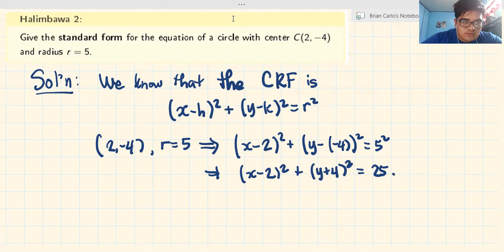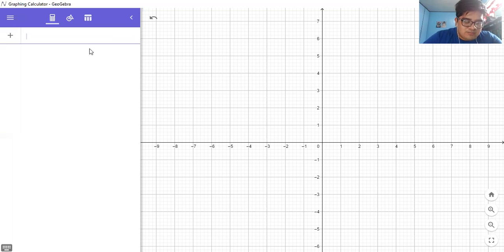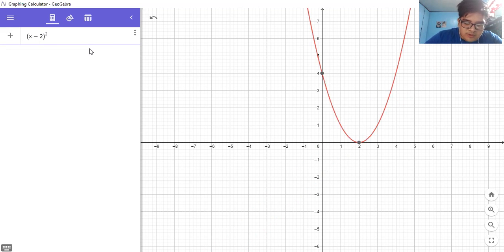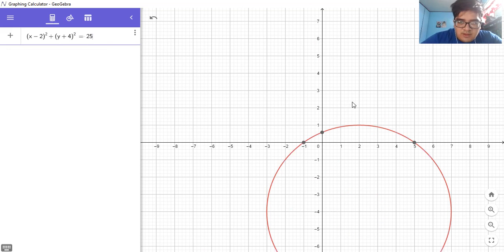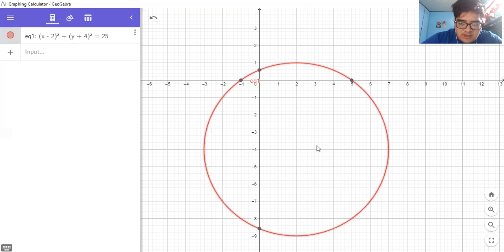Now, let's go back to GeoGebra. This is (x minus 2) quantity squared plus (y plus 4) quantity squared is equal to 25. Ito naman yung itsura ng circle natin.